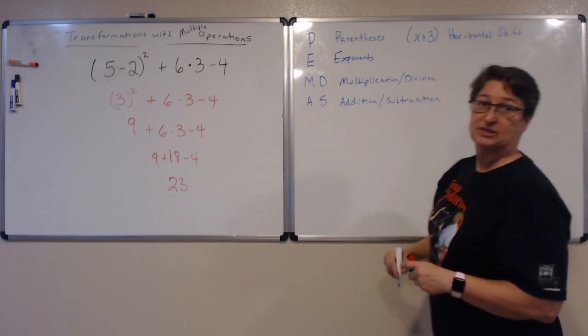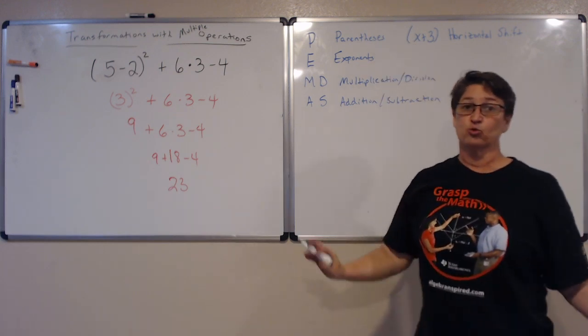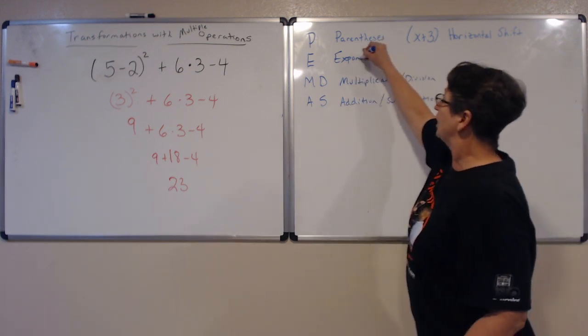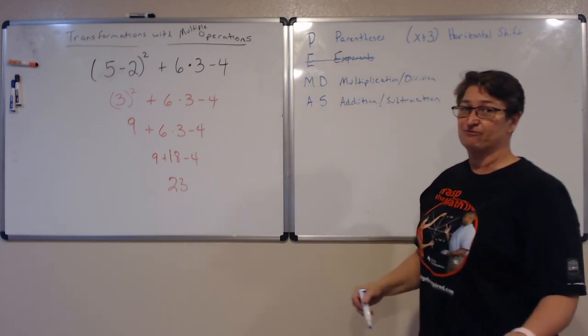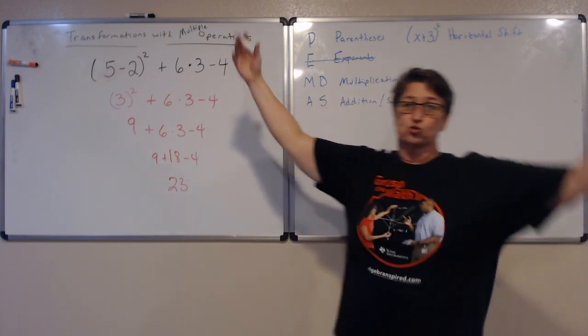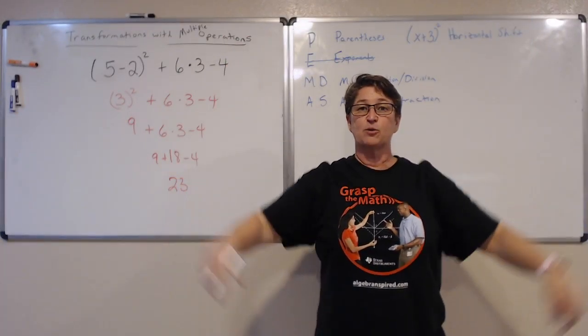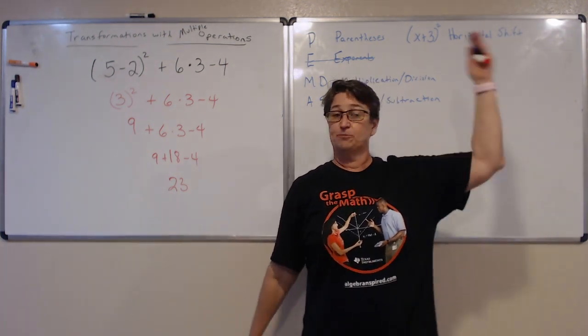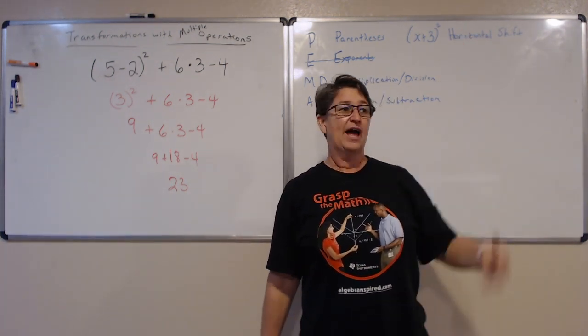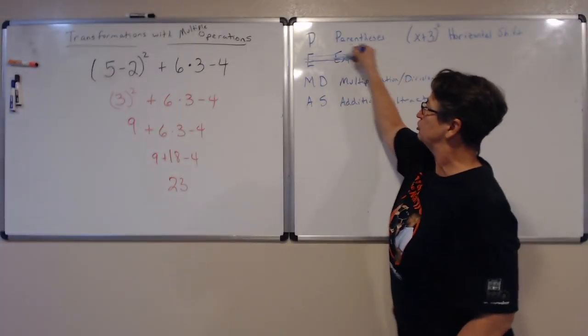That always needs to be taken care of first. The exponents, luckily, I don't have to worry about. Because the exponents in my functions, if I've got an x squared, tell me the shape of it. The exponents just tell me what its parent is. So exponents aren't part of my order of operations.